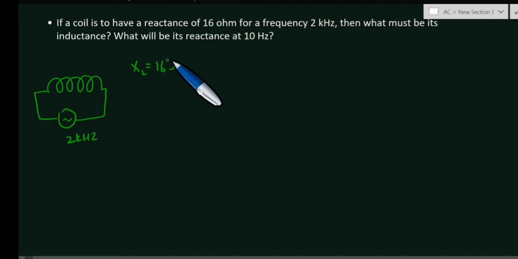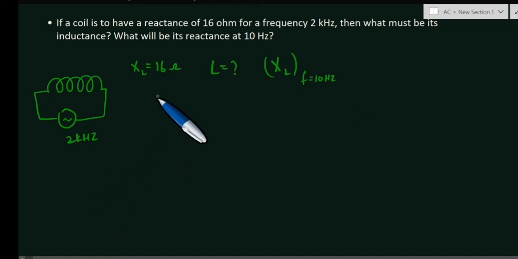Then what must be its inductance value? And later, what will be the reactance at a frequency of 10 Hertz?